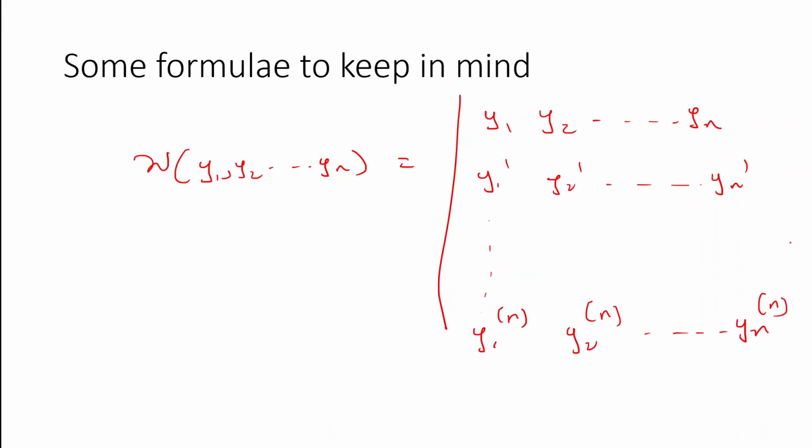This is the Wronskian. It is a determinant of this matrix. That is one formula to keep in mind.